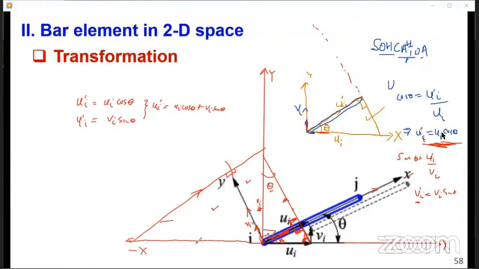Remember, on this direction, now this will become negative UI, because this is UI on this side, but now on the negative side we have the VI here. Remember, you have VI prime here. So what else do you need? Of course, you can now use similarity. If this is theta, this is 90 minus theta. This is 90.